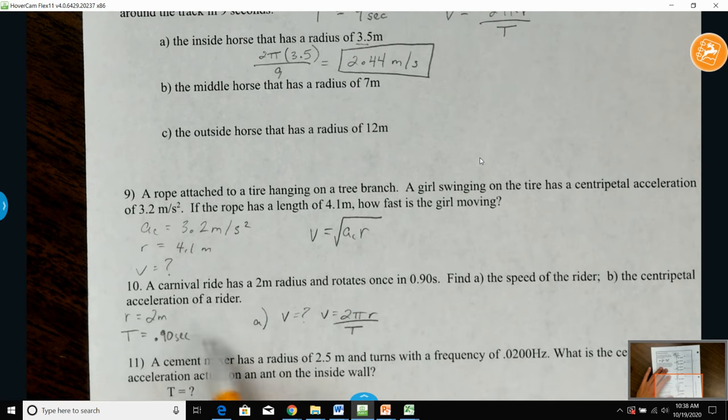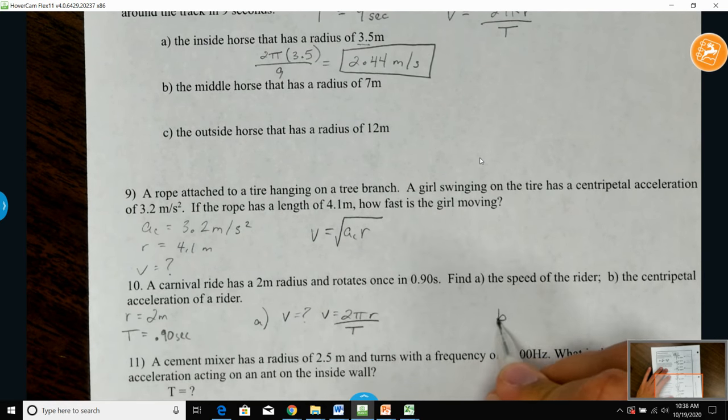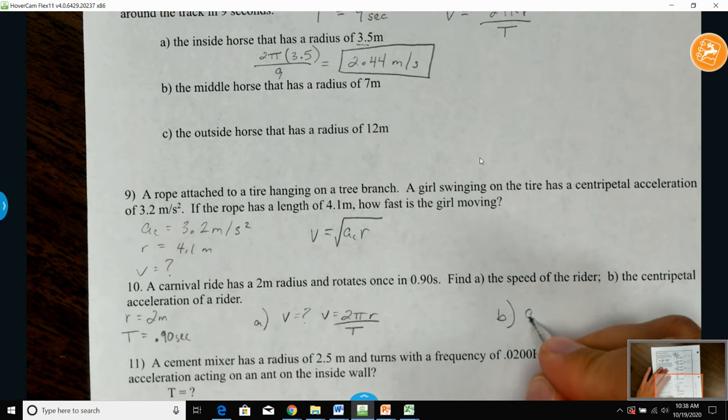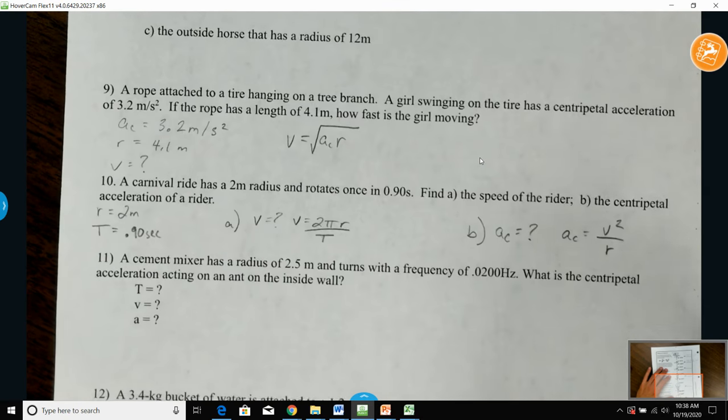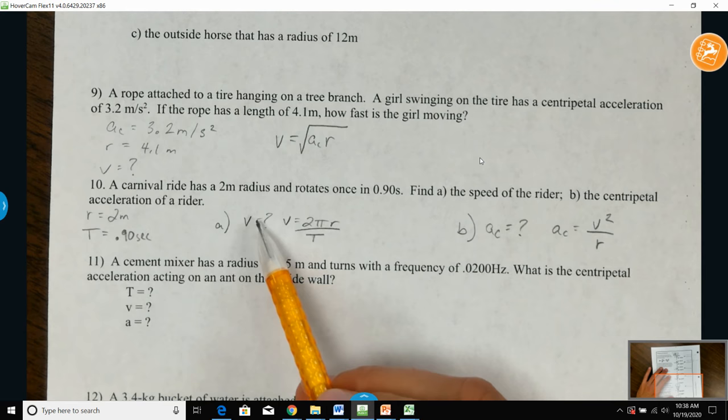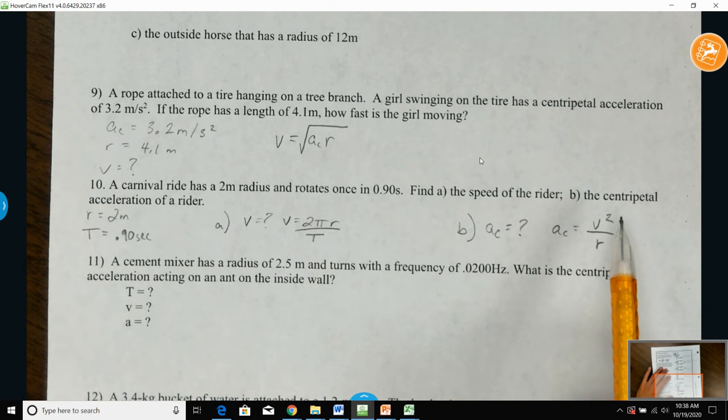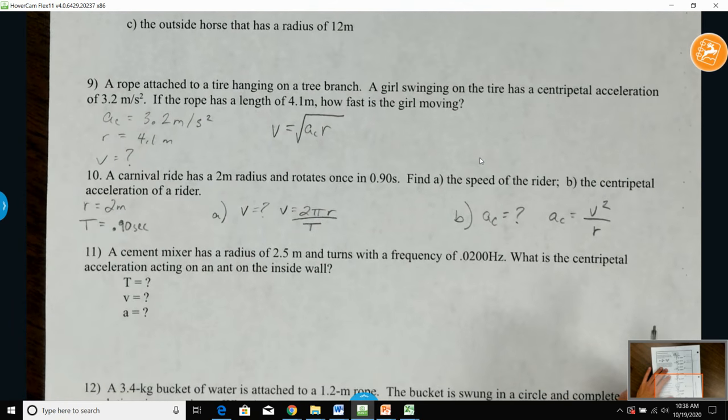So you're going to substitute in t and r and calculate for velocity. Once you have found that answer, then you can find the acceleration. So solve for the velocity first, and once you get the answer, that will be here to complete your problem.